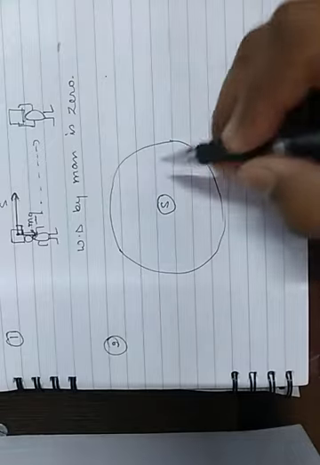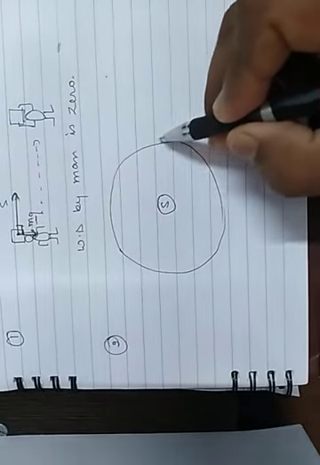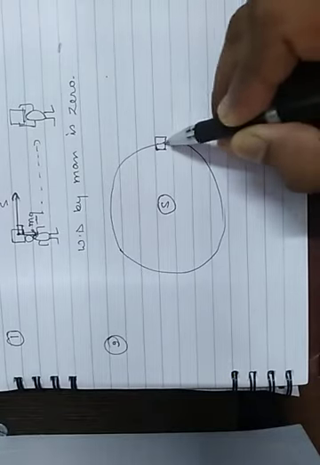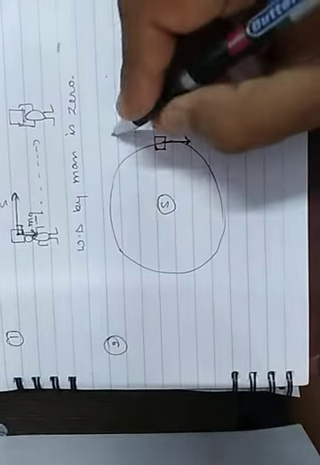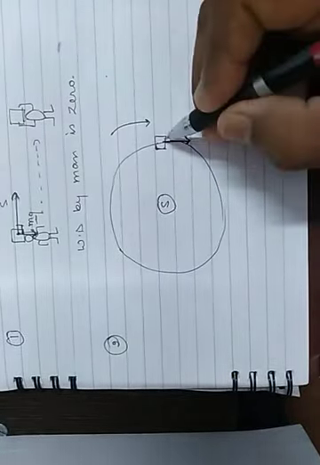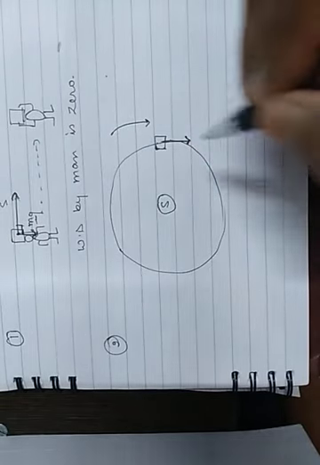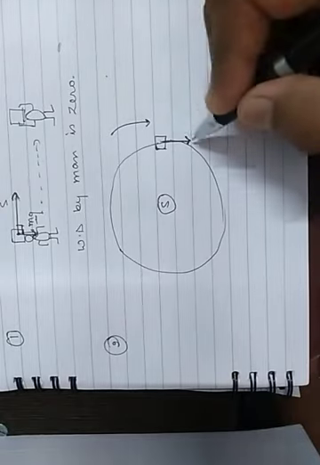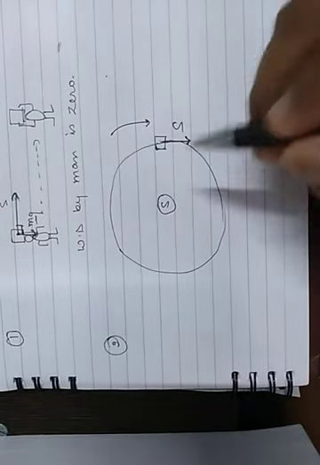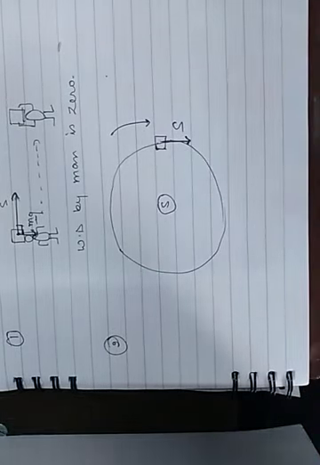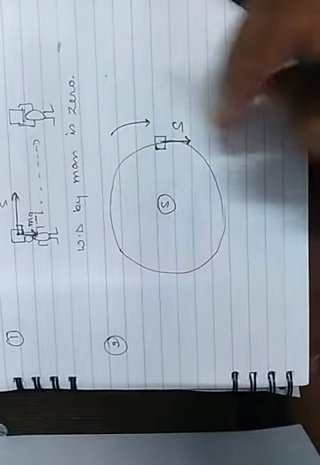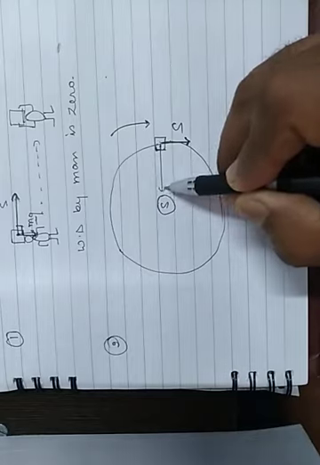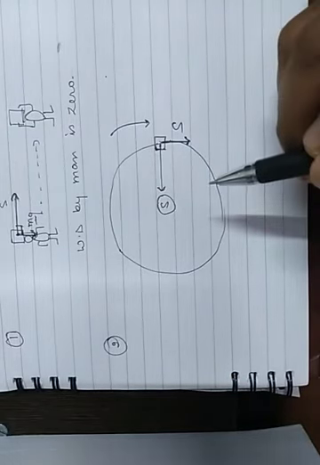So whenever they move, at any instant, suppose this is the direction of displacement, as they are moving in this clockwise direction. Instant means at any time. And if they are moving in this circular orbit, a force always acts towards the center.